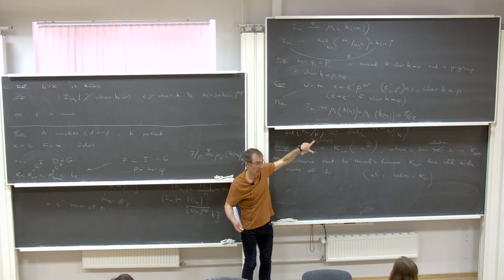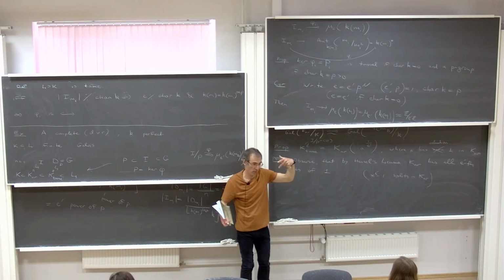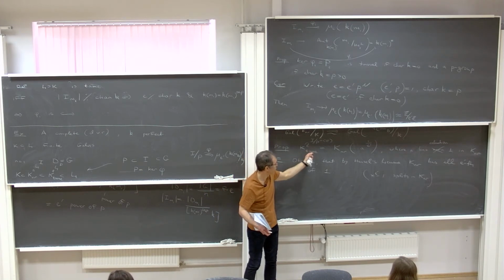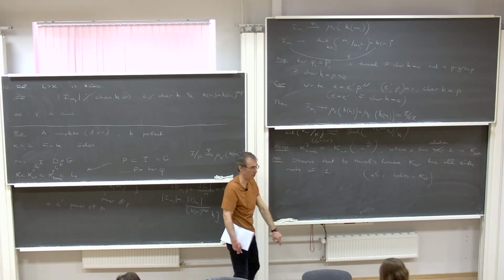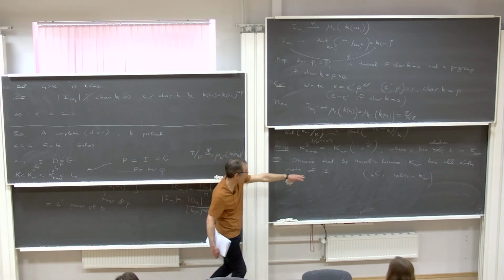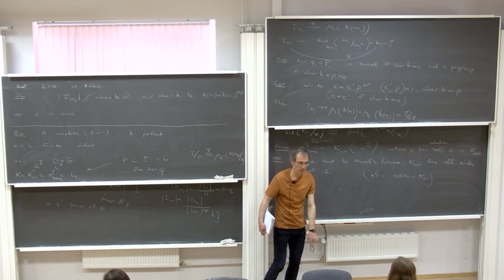And you take its eigenvector corresponding to an eigenvalue which is a primitive root of order e prime. That gives you A. Sorry, it gives you this element.